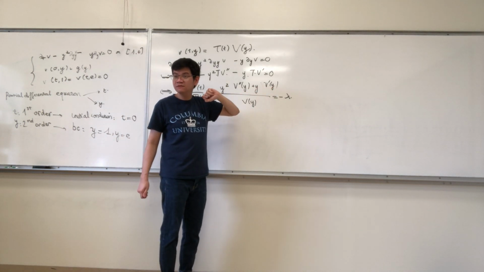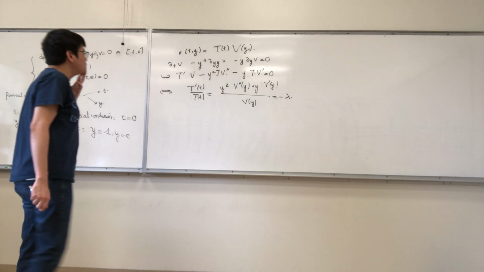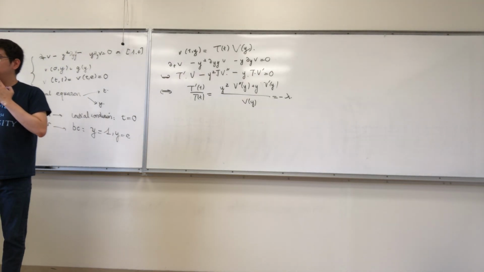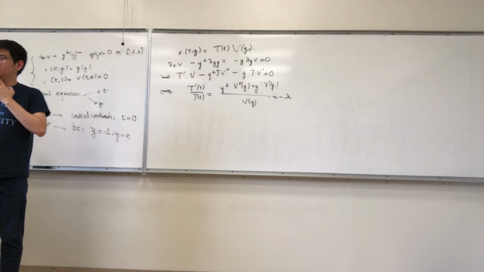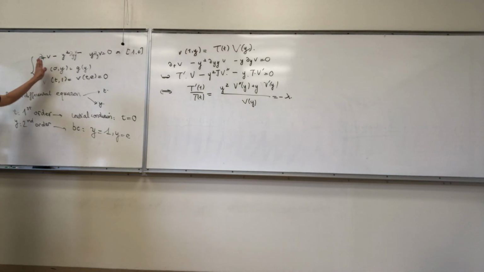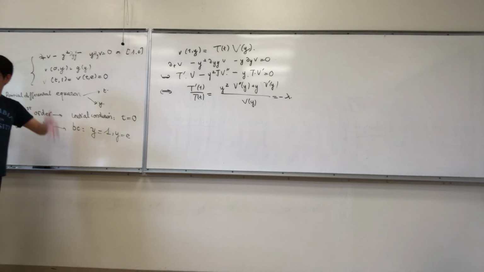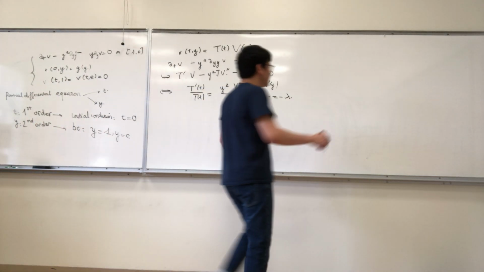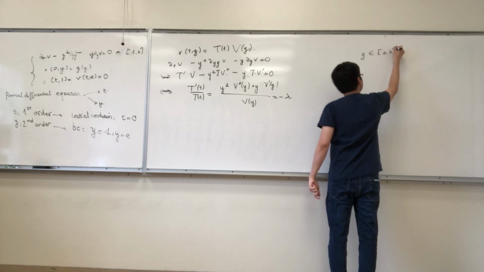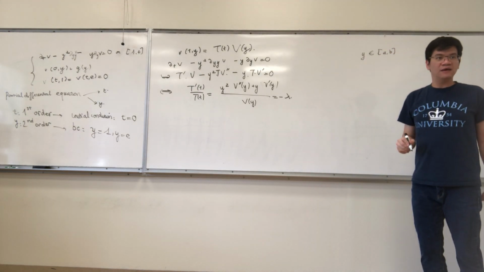Yes? What are the circumstances for v equals the product of those two? You said there's a theorem for it, but what are the requisites for that theorem? So in this case, you are solving it on a square, right? The domain has to be on an interval AB. This is the first thing.